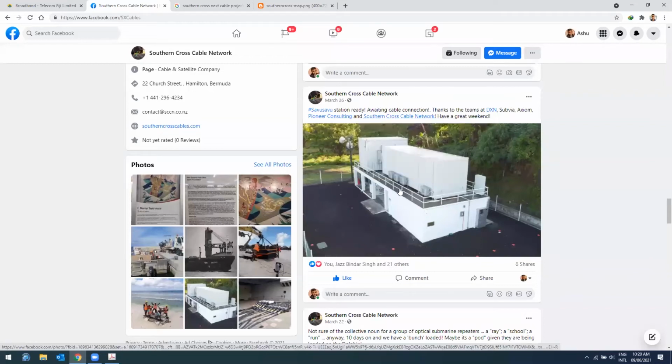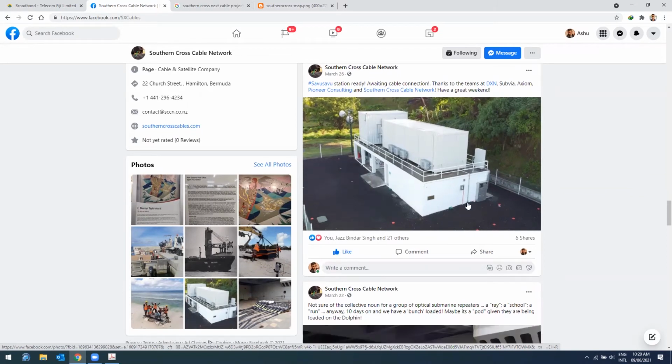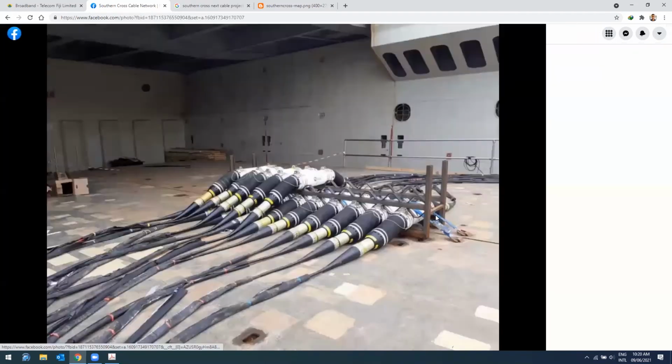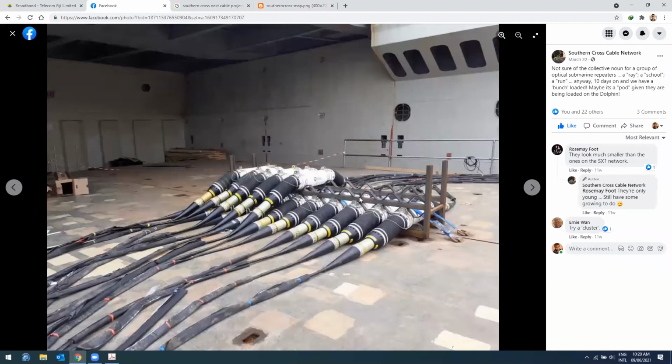So now, I think most parts of Vanua Levu, if you've been to Vanua Levu, do not have 4G, right? Internet is quite slow compared to what we have here in Viti Levu. So with this, they should get more power. These are the cables that are running. If you see the screen, this is how cables are run.